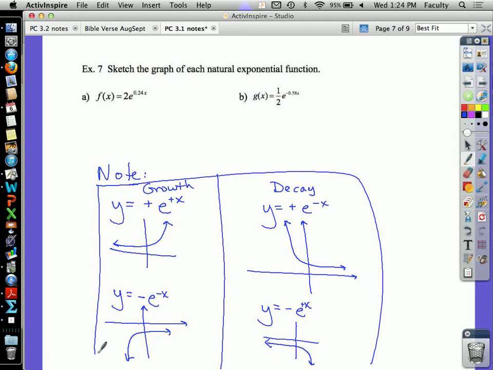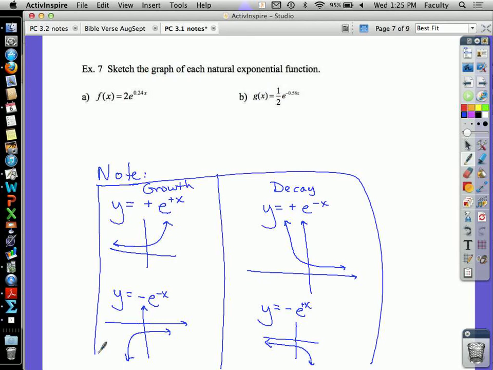As you're approaching finishing that second graph, something I want to take a moment and get you to look at and think about. And this was really the point. In letter A, you should have had a growth curve. Now it was a little bit slow because it was a 0.24 in front of the x.